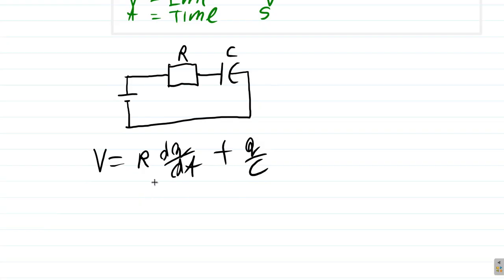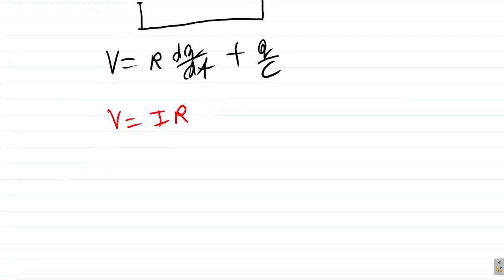Now, here, voltage is the current times resistance. V is equal to IR. But at the same time, the current is the rate of flow of charges. Now this being the rate of flow of charges, it is the rate at which charge flows with respect to time.